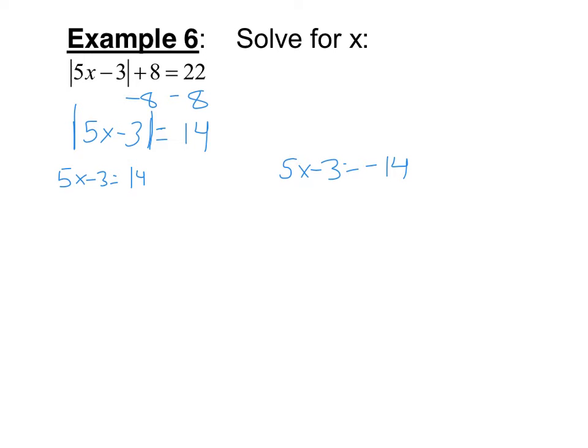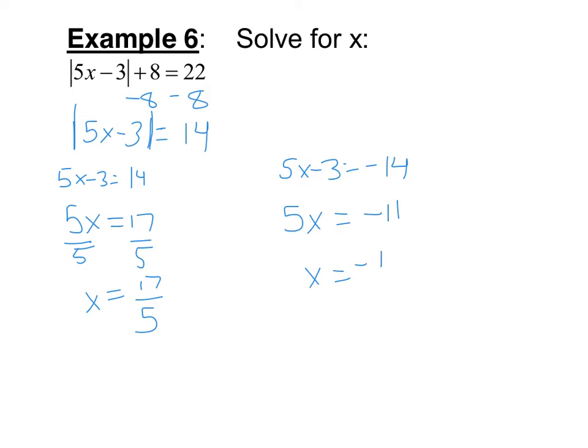Add the 3. Divide by the 5. You get 17 over 5. Add the 3. Divide by 5. You get negative 11 fifths.